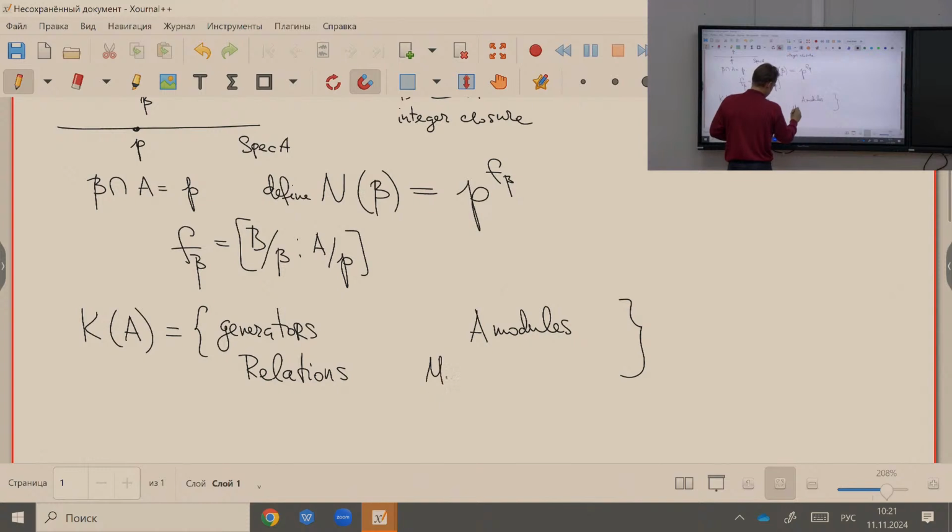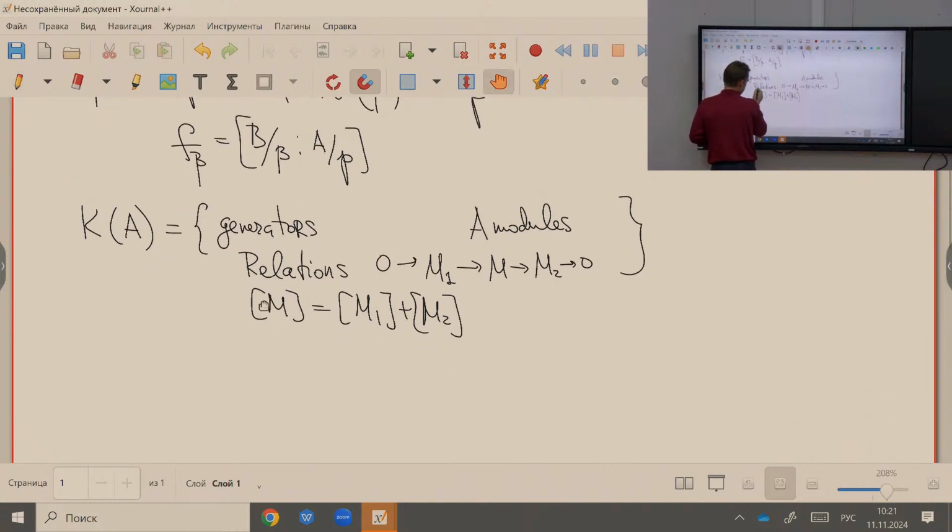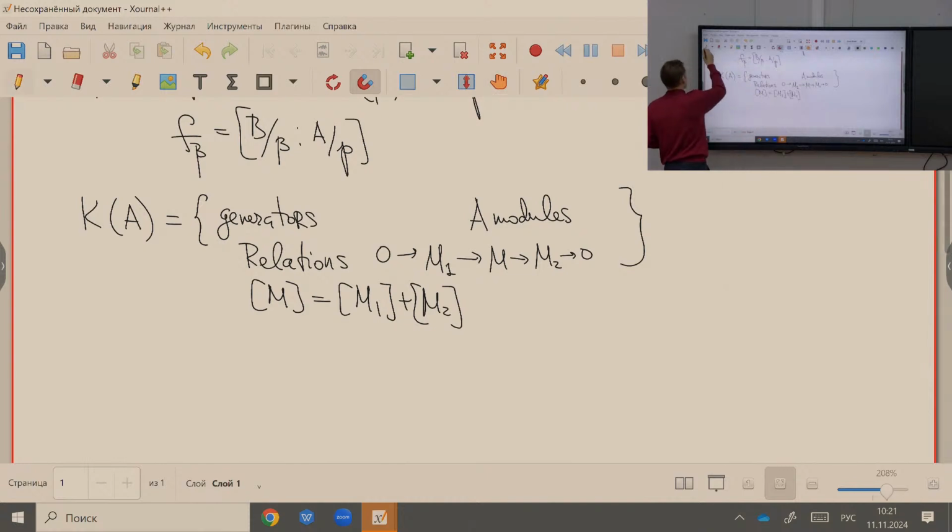You have M1, M and M2, so you formally say that the generator M is equal to the sum of M1 and M2. And in our case, you can think of finitely generated A modules.